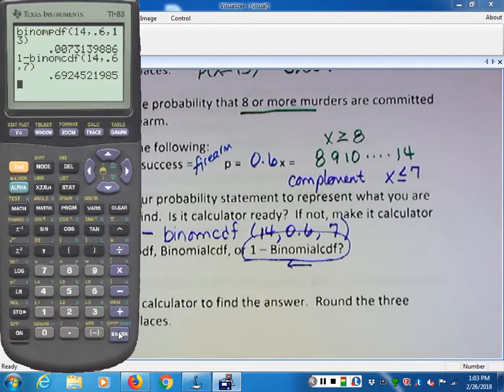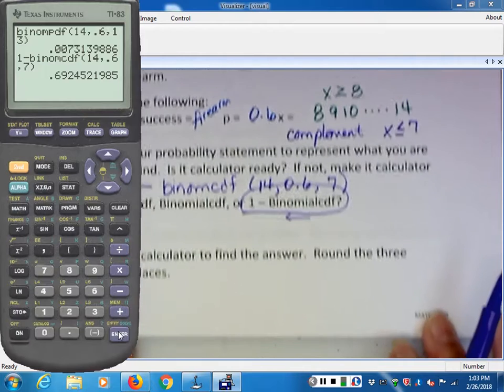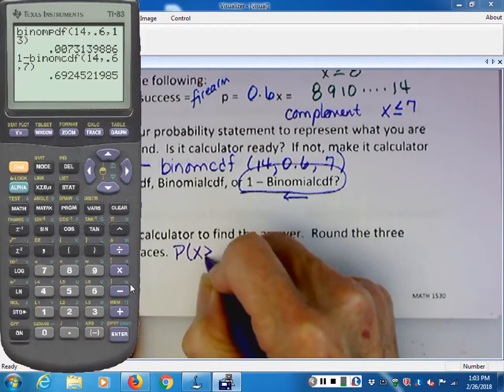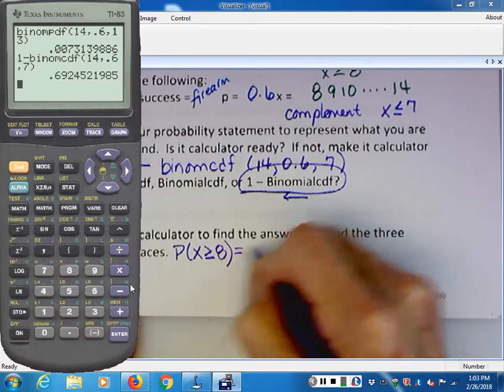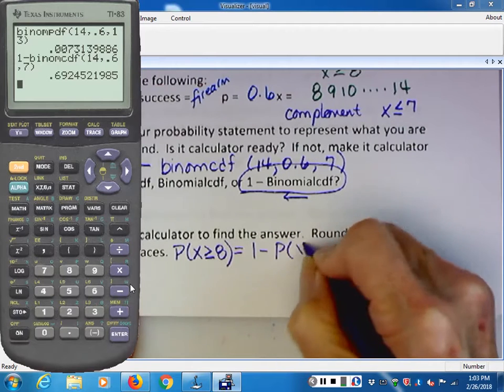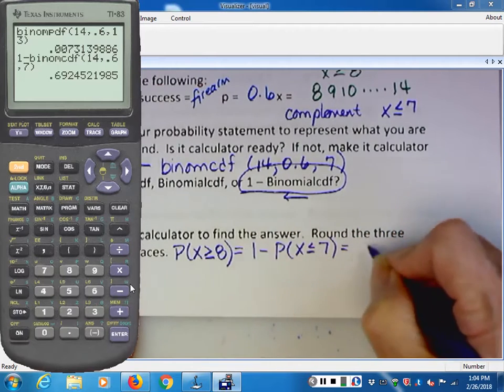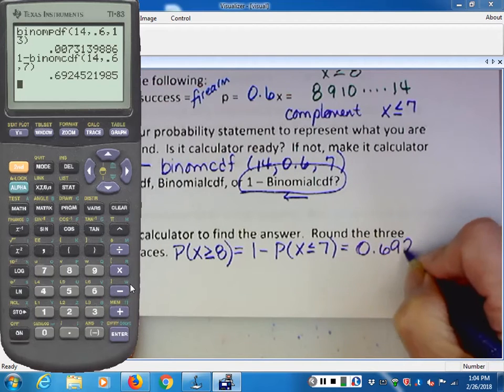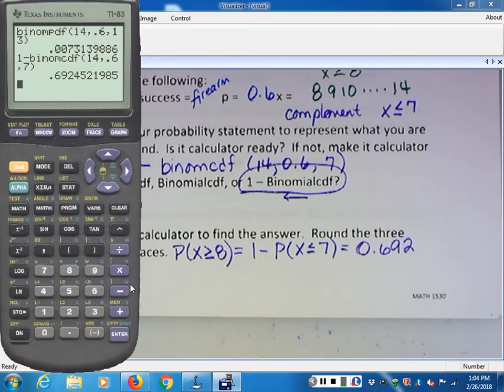And then it says round to 3 decimal places. So that will be 0.692. Okay? This is the statement of the original question, but this is the statement reworded so that you can use your calculator.